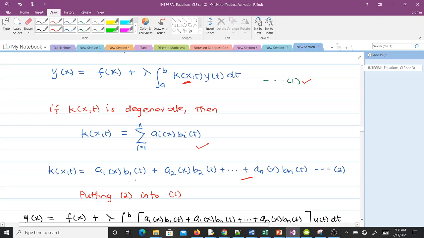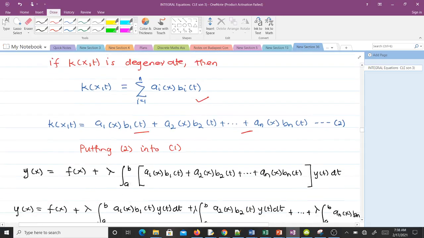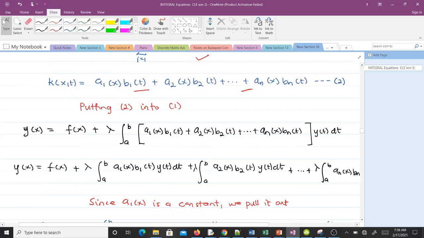We'll put the whole of this inside equation 1, where we find K of x, t. Doing that gives us this: y of x will be equal to f of x plus lambda integral from a to b, then the whole of this now happens to be our kernel, since it is degenerate.